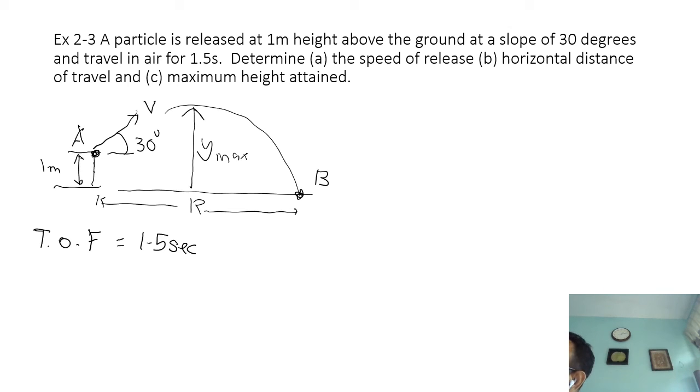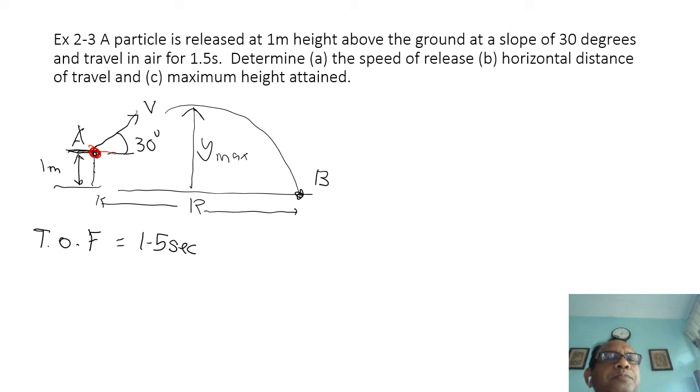So we know that we are beginning not from zero but from a condition where it is 1 meter above the ground. So we start from point A, which is above the ground. We are going to use the time of flight data. This is the only data that we have.